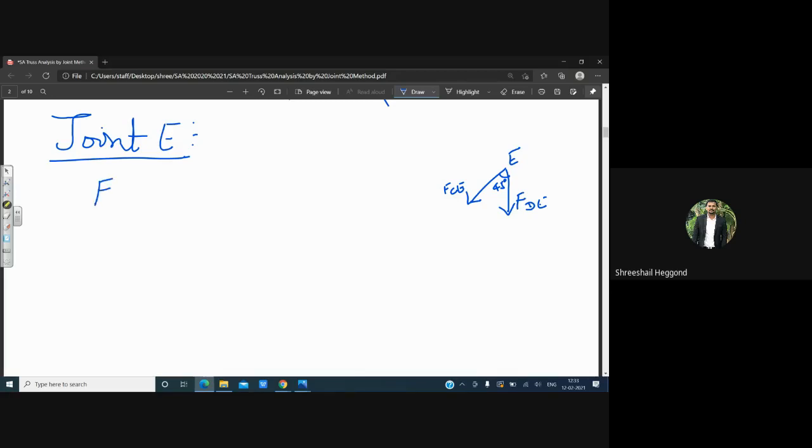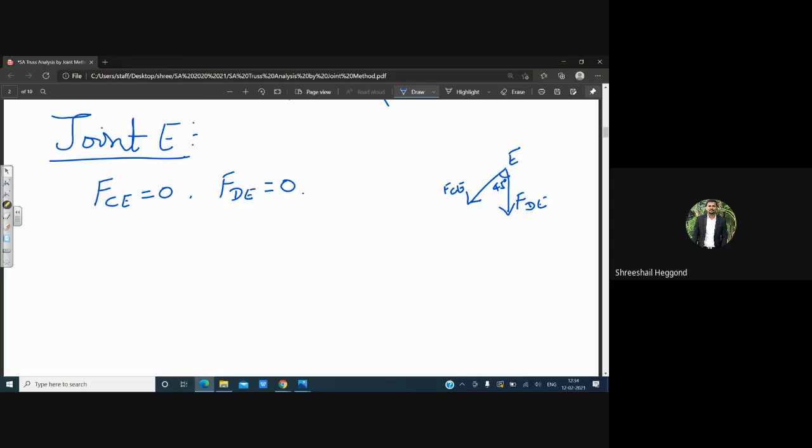Therefore, we can write CE is equal to 0 and FDE is also 0, because no other forces are acting. If you write summation of Fx and summation of Fy equal to 0, then both values will be 0 only for the members at joint E.